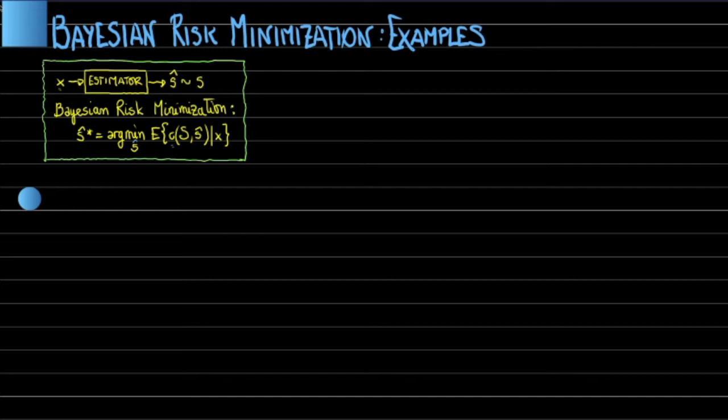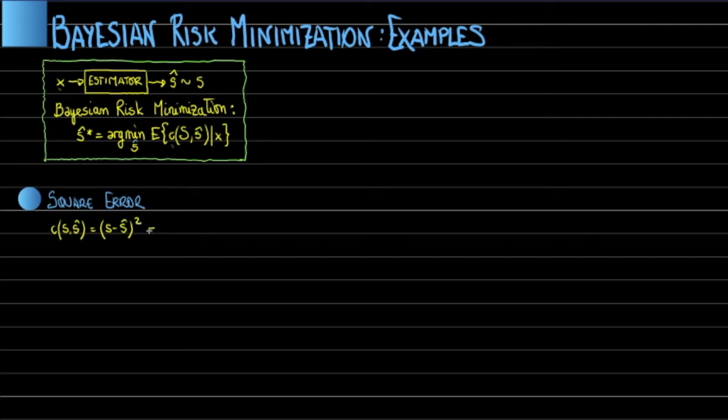So in this video, I will analyze this solution in two particular cases. The first one is the square error. So in this case, we will analyze what happens when the cost is given by the square error, which means the square difference between the true value of the target variable and the estimation.